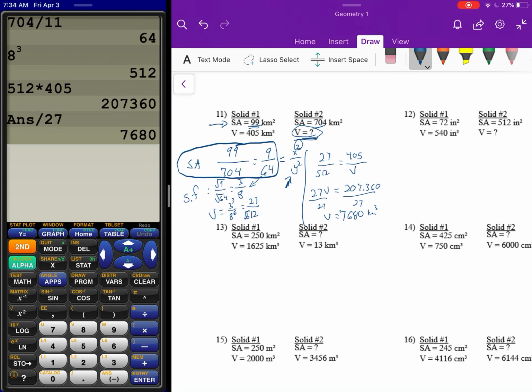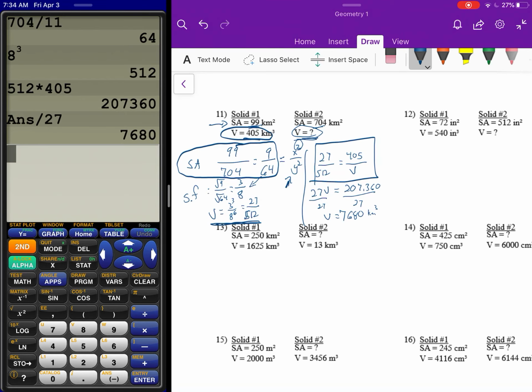Once we knew the scale factor, we cubed it to find the ratio of the volumes. And once we knew the ratio of the volumes, we set up a proportion with that and used the volume that we knew to help us find the volume we did not know.